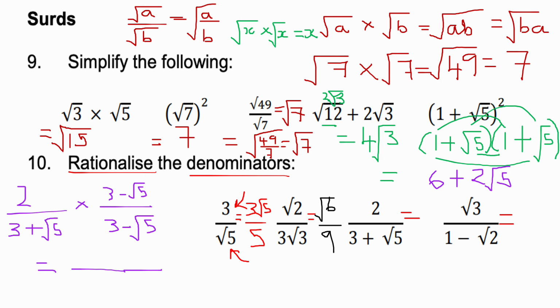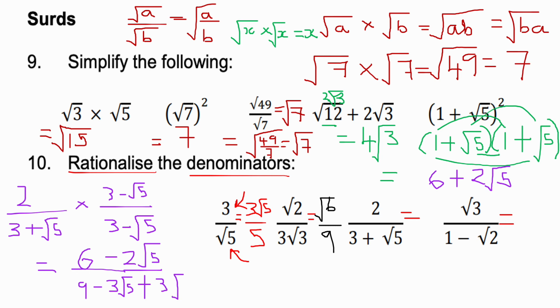So multiplying this, 2 times 3 is 6, and 2 times negative root 5 is negative 2 root 5. On the bottom I have 3 times 3, which is 9. 3 times minus root 5 is minus 3 root 5. Root 5 times plus 3 is plus 3 root 5.